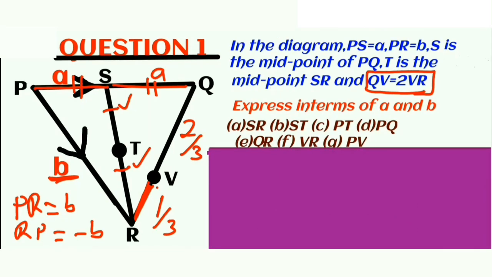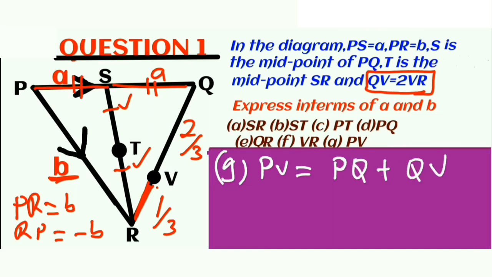The last question, question G. PV. So from P to V equals PQ plus QV. PQ, that is 2A, plus QV, that is 2/3 of QR.